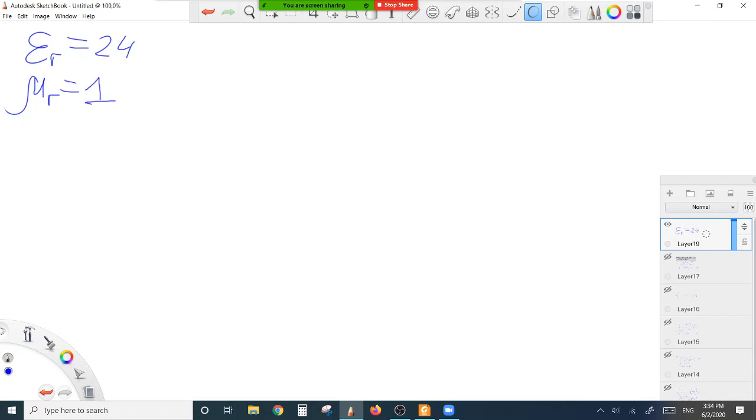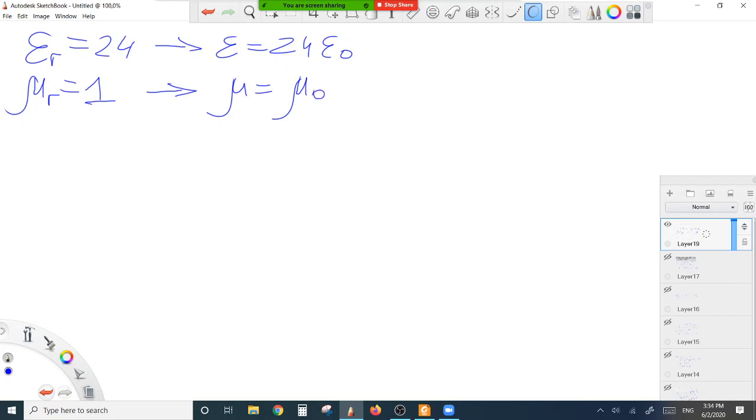That's why we take it as 1. From here we know that permittivity of water is 24 epsilon 0 and permeability of the water is mu 0.